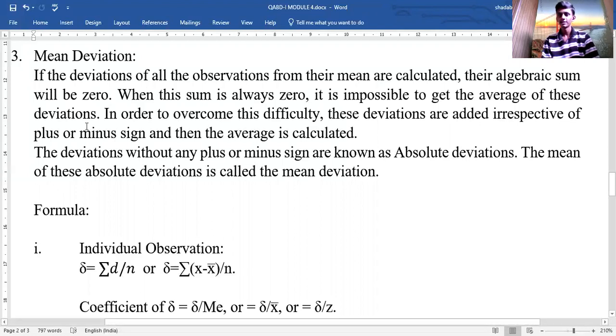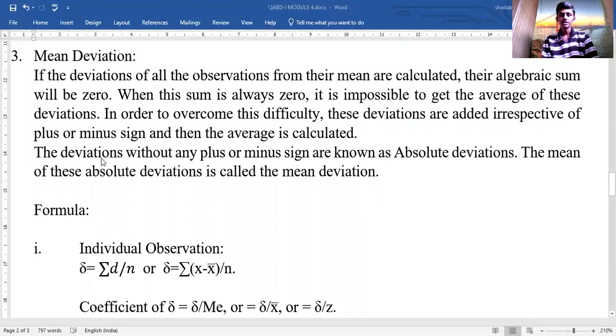Since this sum is always 0, it is impossible to get the average of these deviations. In order to overcome these difficulties, these deviations are added irrespective of plus or minus sign, and then the average is calculated.